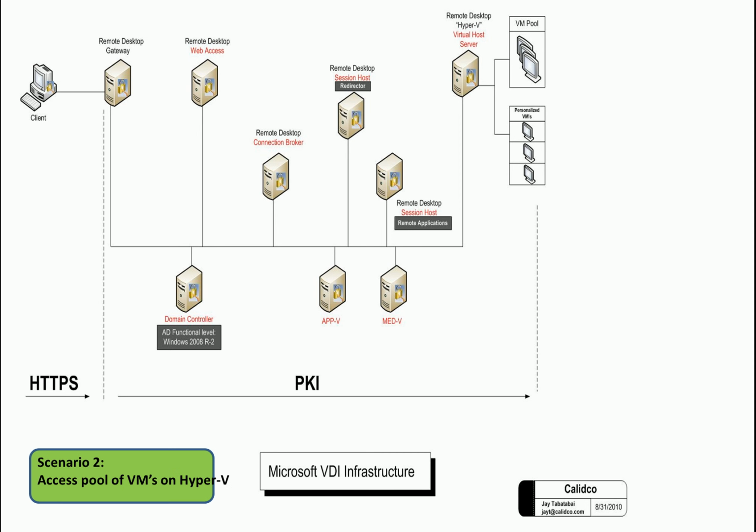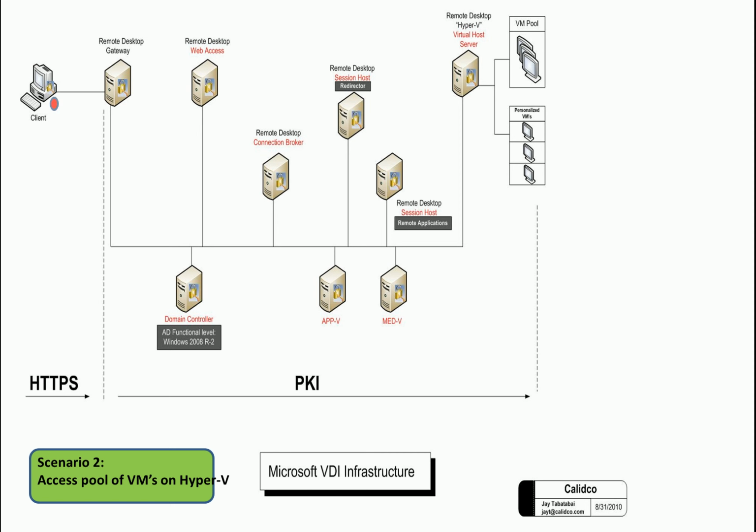The next scenario is a client that may want to have a thin terminal, or Windows XP, and it wants to have a VM, but the VM has to come from a pool. This makes sense if you have a call center, where everybody has a desktop that looks exactly identical. There's nothing specialized or personalized about each of these desktops.